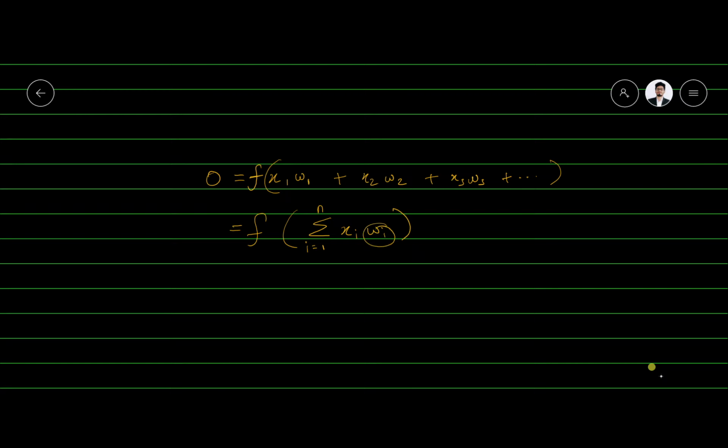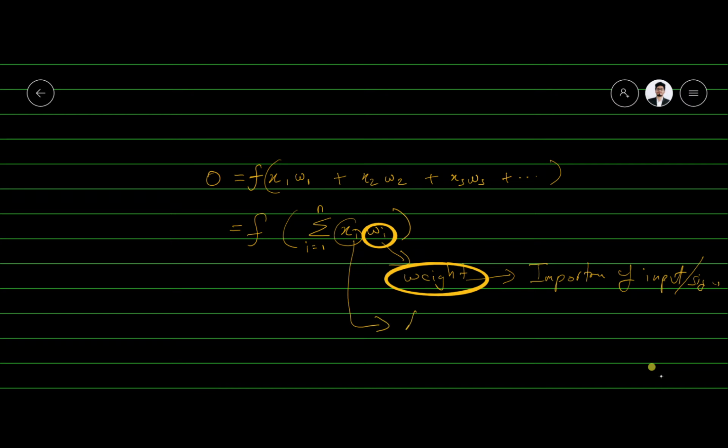These w's are the weights, which we can say are the importance of the input or signals. These x's are the actual inputs. And f is the activation function, which we will talk about in a lot of detail in upcoming videos.